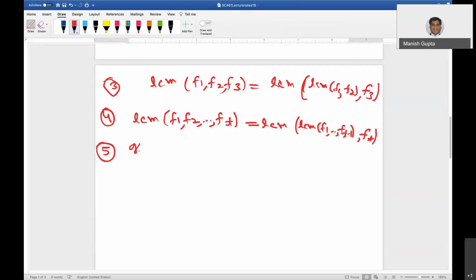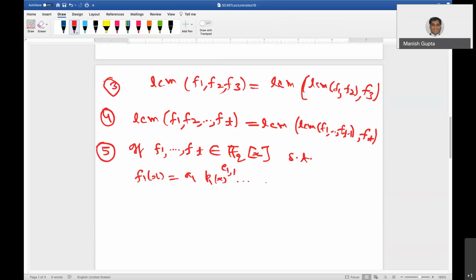If f1, ..., ft are polynomials in Fq[x] such that we can factorize them, f1(x) = a1 p1(x)^e11 ... pn(x)^e1n, and so on up to ft(x) = at p1(x)^et1 ... pn(x)^etn, each one written as a product.